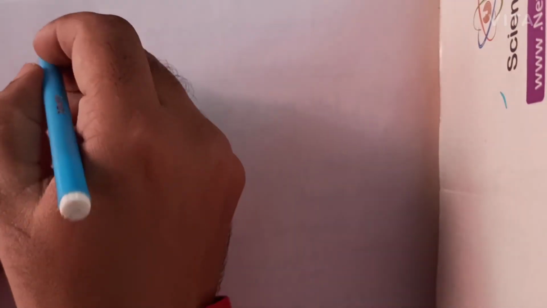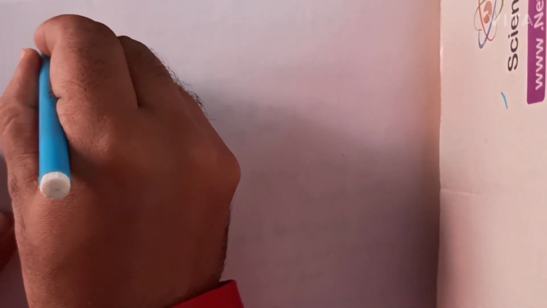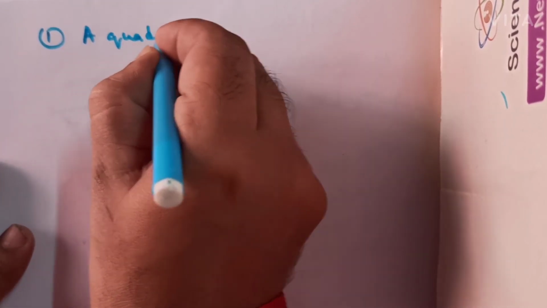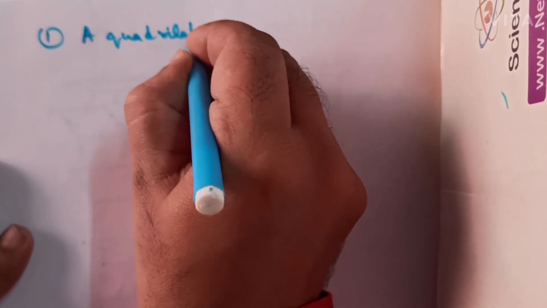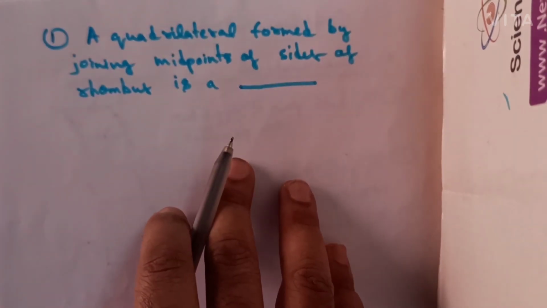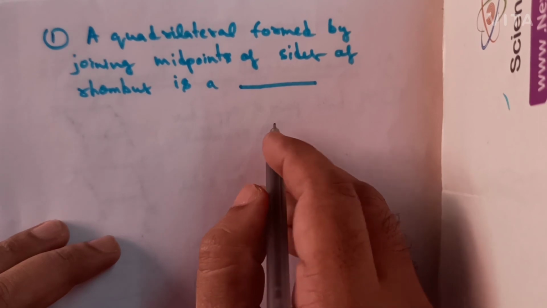Okay, a few more points we will discuss. That is point number 1. A quadrilateral formed by joining the midpoints of sides of a rhombus is a dash.